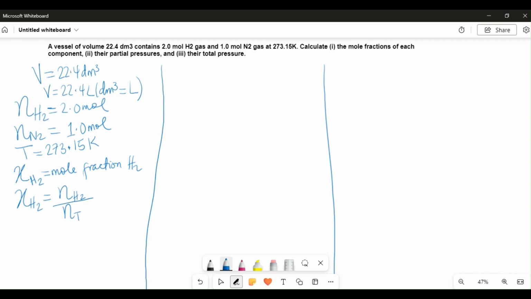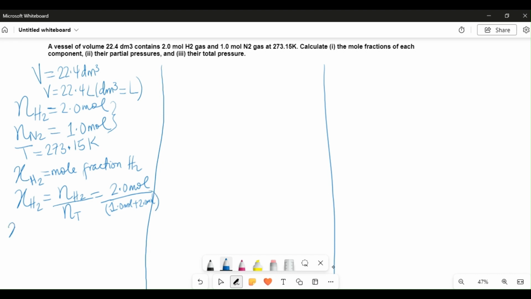So that's simply 2.0 mole divided by adding the number of moles for both N2 gas and H2 gas, so 1.0 mole plus 2.0 mole.